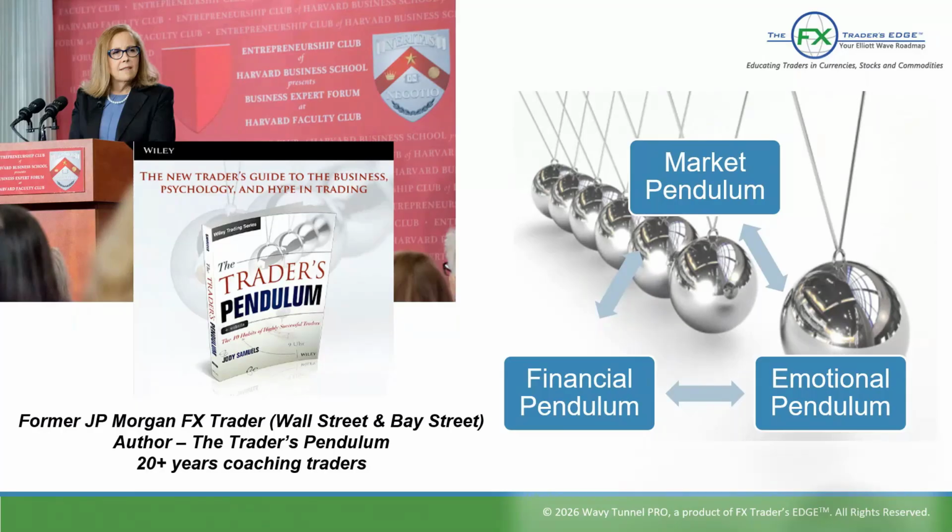And the third is the emotional pendulum, which reflects fear and greed, the psychology that drives traders to extremes. Elliott wave theory is one of the best frameworks we have for understanding how those emotional swings create repeating market patterns. So the question becomes, how do we turn these patterns into actionable trades? That's where the Wavy Tunnel Pro comes in.